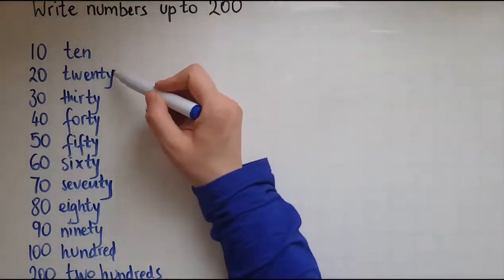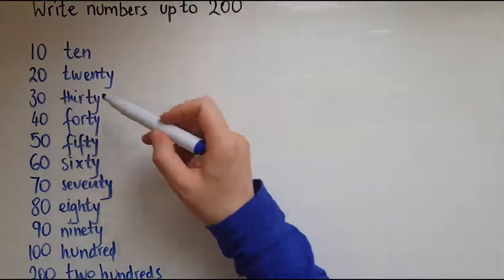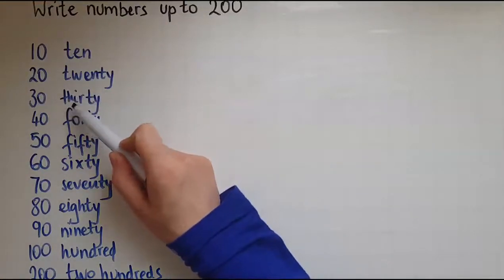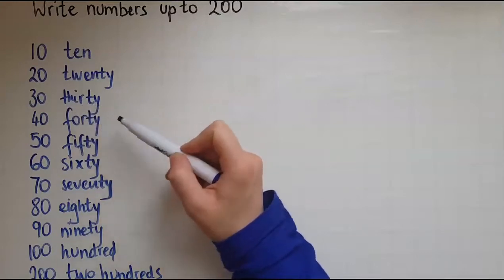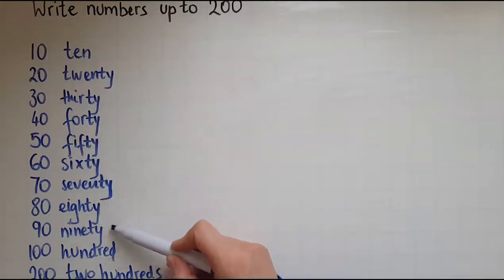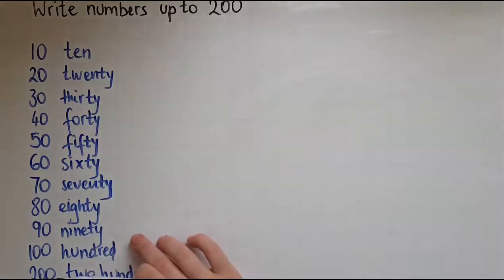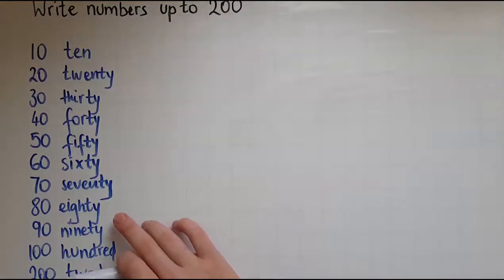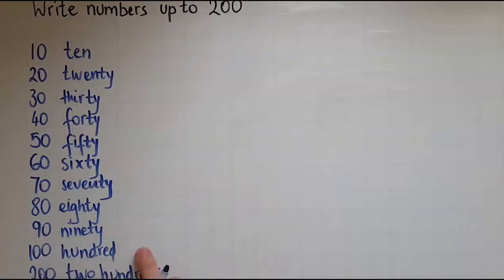So 10, you should know, 20, 30 comes from the 3, but you write it as THIR and then the T at the end. So we see the TY appearing up to 90, just as we say the words 90, 80, 70, 60, and so on. 100, 100, and 200s.